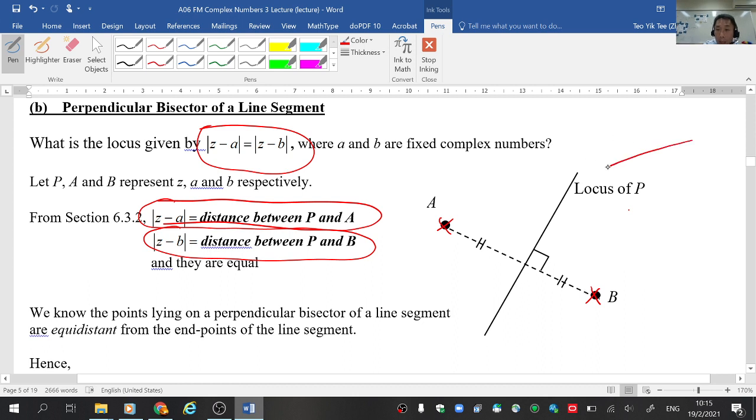It must be the perpendicular bisector of the line segment joining AB.